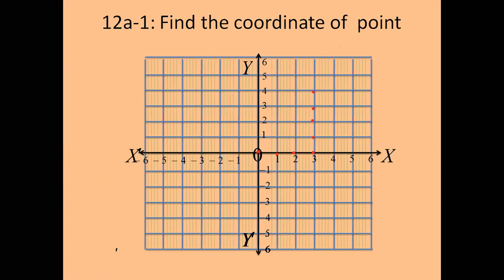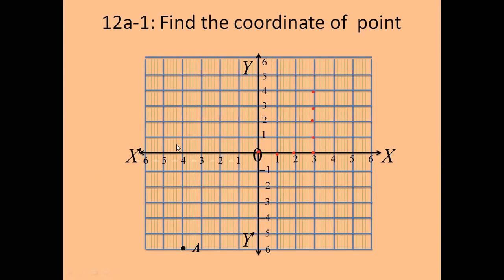That was only the discussion. Now go for exercise 12a number 1. Okay, 12a number 1, here you can see that the point A is given. Look at the down, point A is given, and we have to find out the coordinate of A. So first counting the x value, 1 2 3 4, so 4 will be the x value.